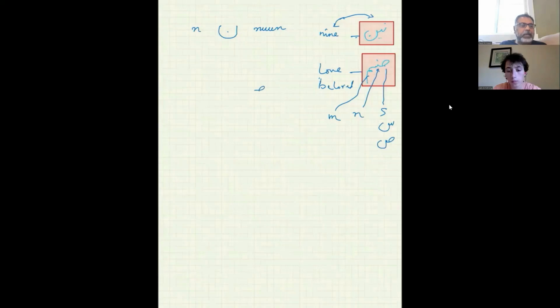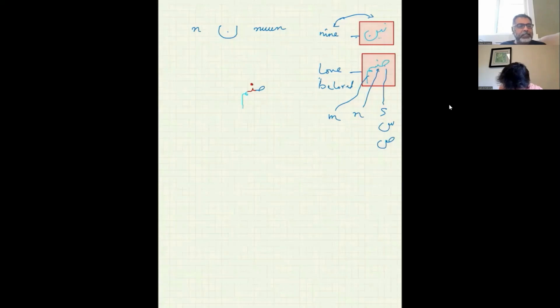This is the S, and now I'm going to put in the N. And now I'm going to bring in the M. Sanam. Again, these are all consonants, and the vowels are indicated by these accent marks that we don't really use in Urdu. So that's our word Sanam.